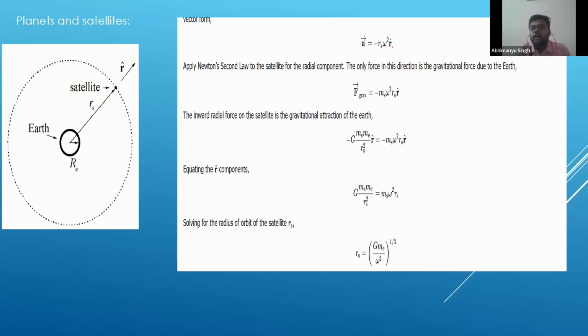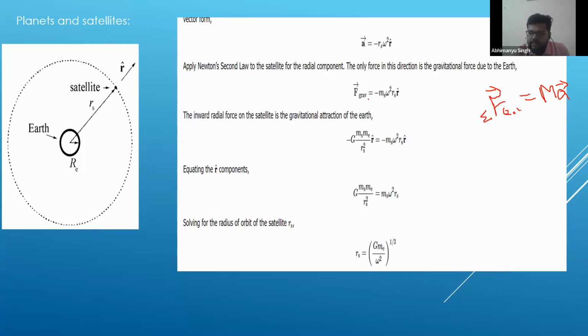When we apply Newton's law, what is Newton's law? Sigma F external is equal to ma, all in vector. The only external force here is the force of gravitation.